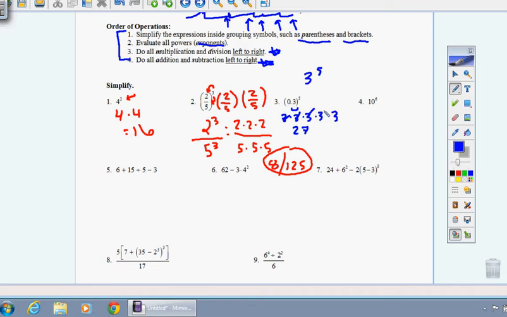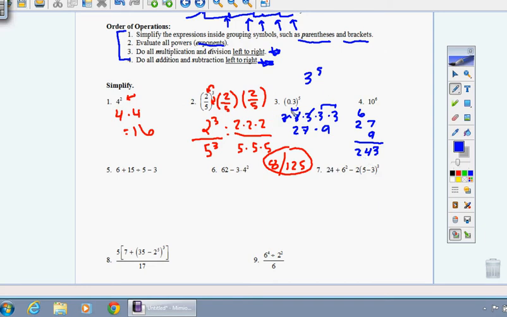And I know 3 times 3 here is going to give me 9 as well. So really I have 27 times 9. Let's figure that out. 9 times 7 is 63. I'll write the 3, carry the 6. 9 times 2 is 18. 18 plus 6 is 24. So I have 243.